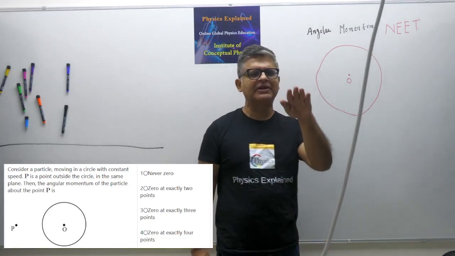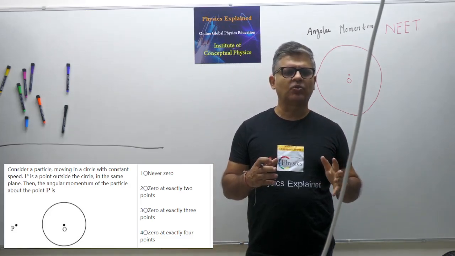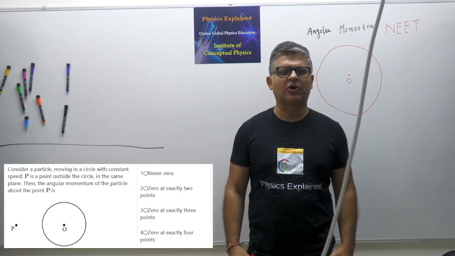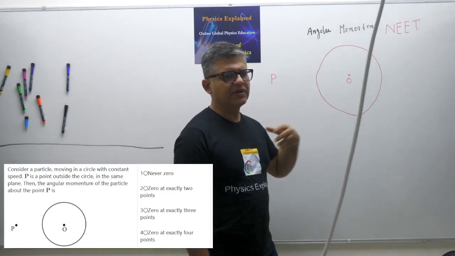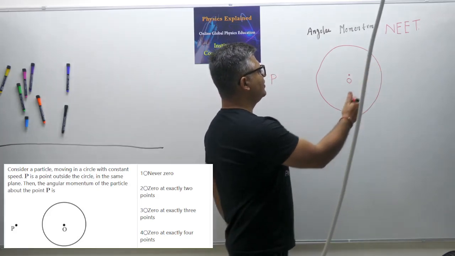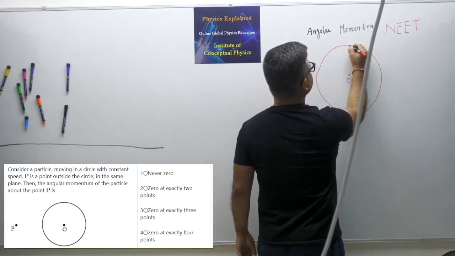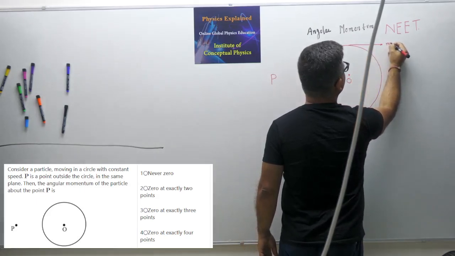So you can see the multiple choices which are given, where we need to articulate what is the angular momentum of this body with respect to this point, right? So generally what happens is, if you have this circle, and you have the body having some linear momentum, for example here, this is your mv.